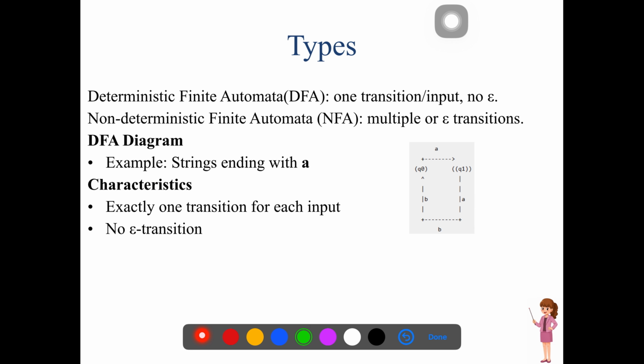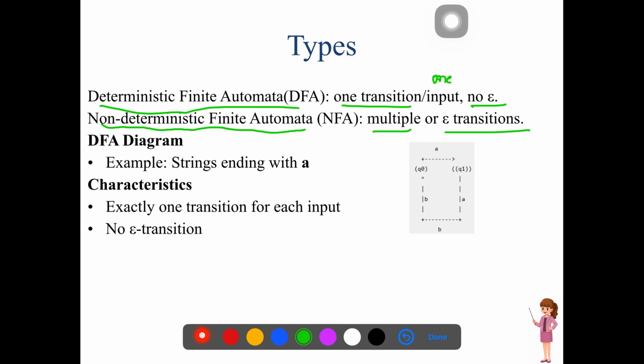Types of finite automata. There are two major types of finite automata. One is deterministic finite automata, another one is non-deterministic finite automata. Deterministic finite automata is nothing but one transition, single input, no epsilon. Non-deterministic finite automata has multiple transitions from the existing state, even an epsilon transition is allowed.